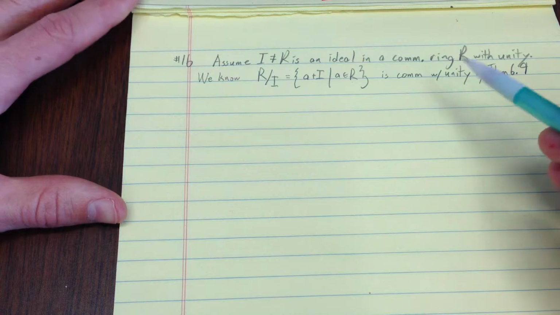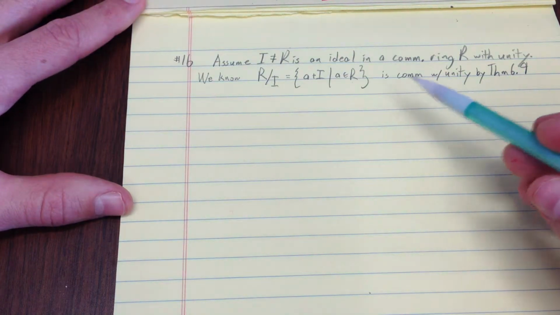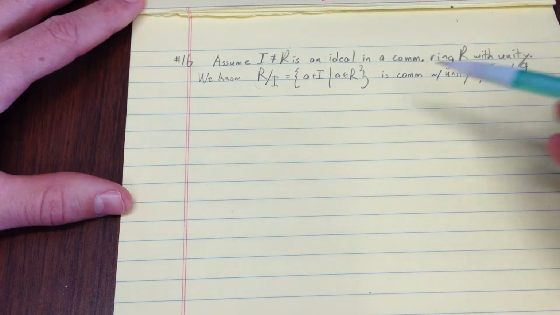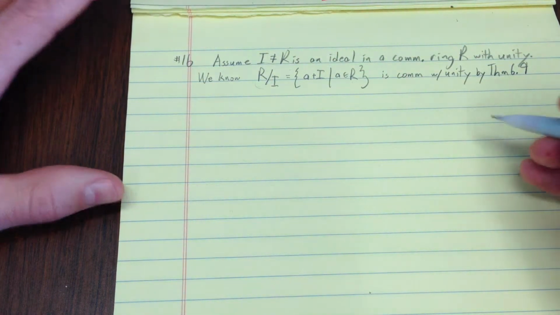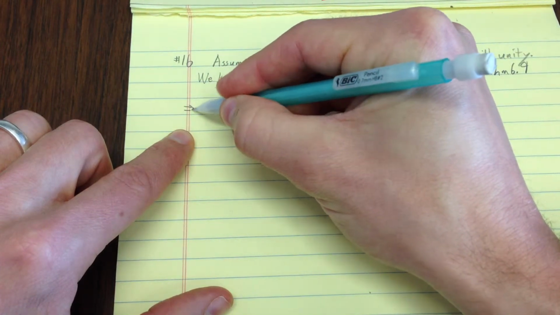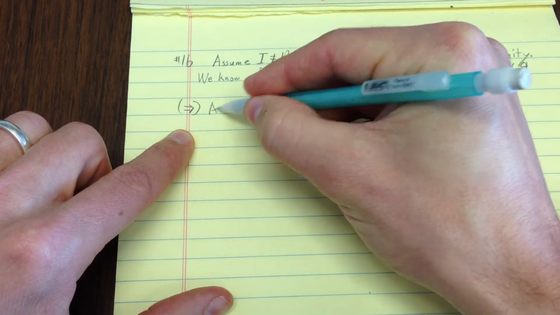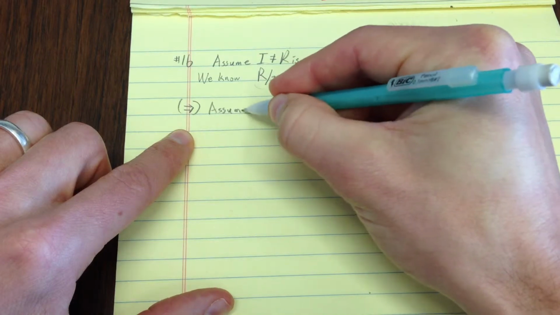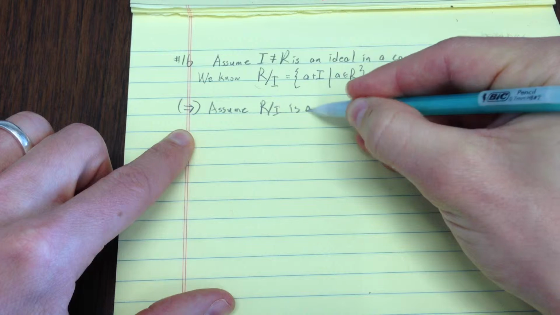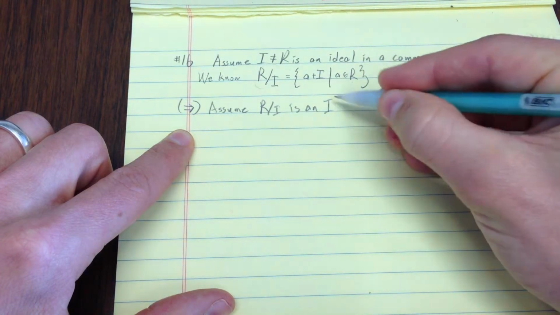Now, what does it mean? We're going to say that R mod I is an integral domain if and only if some property holds. So let's think about that. Two directions. Okay, so assume R mod I is an integral domain.